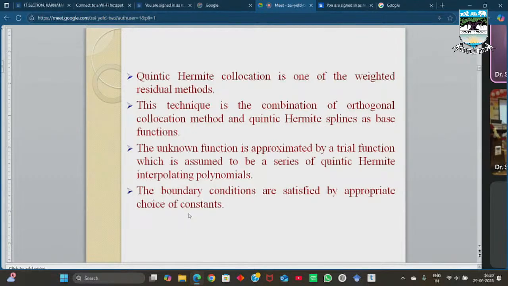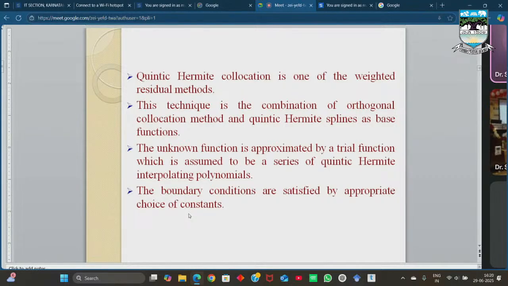As I am discussing quintic-Hermite splines, we are talking about quintic-Hermite. However, we can use cubic, septic, sextic splines also. But why the application of cubic Hermite and quintic Hermite is higher than the sextic or septic splines, that I will tell you at the end of the application of these splines.